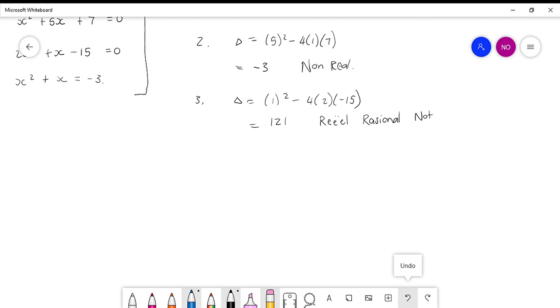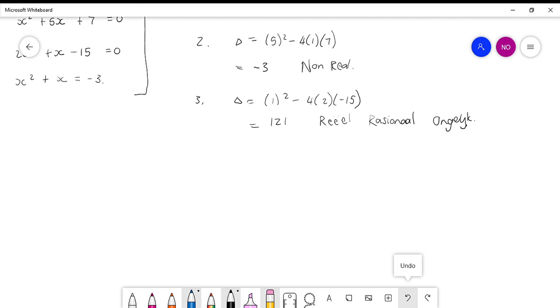Doesn't matter. What did you get? You forgot to type in the minus 15. You just made it 15. Real, rational, ongelyk. Okay. Who is all of them correct so far?